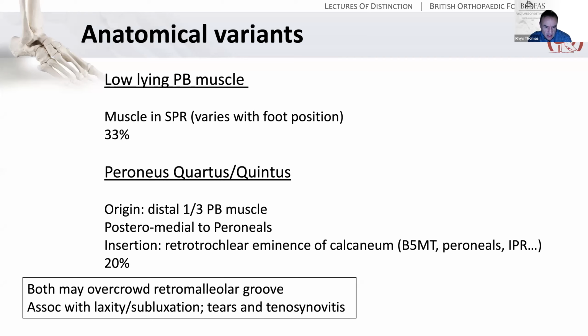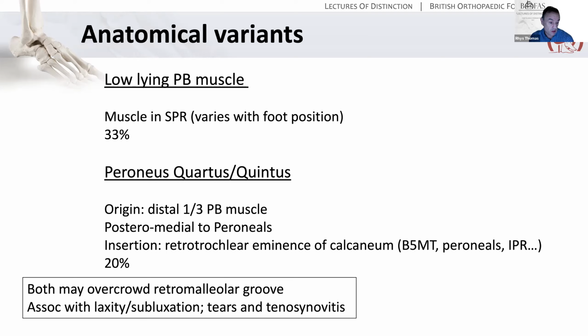There are also some accessory muscles, the peroneus quartus or the quintus, which tend to come from higher up in the leg, often from the peroneus brevis muscle itself. They tend to run posteromedial to the peroneals and attach either on the calcaneum or base of fifth metatarsal or peroneals or the inferior retinaculum.